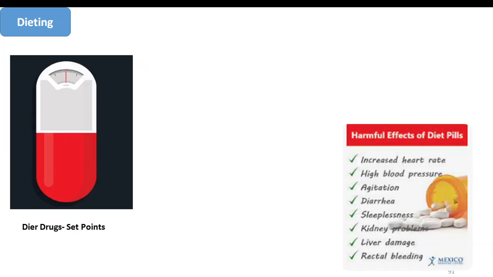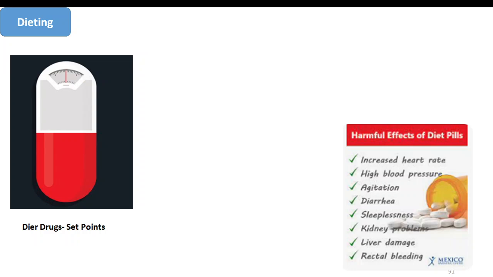Okay, so dieting and the set points. What is a set point? Set point is how the drugs related to dieting help in dieting. What do they do? Essentially, diet drugs are meant to suppress appetite. They may not address appetite organically, but they suppress appetite directly, which would reduce the feeling of hunger.